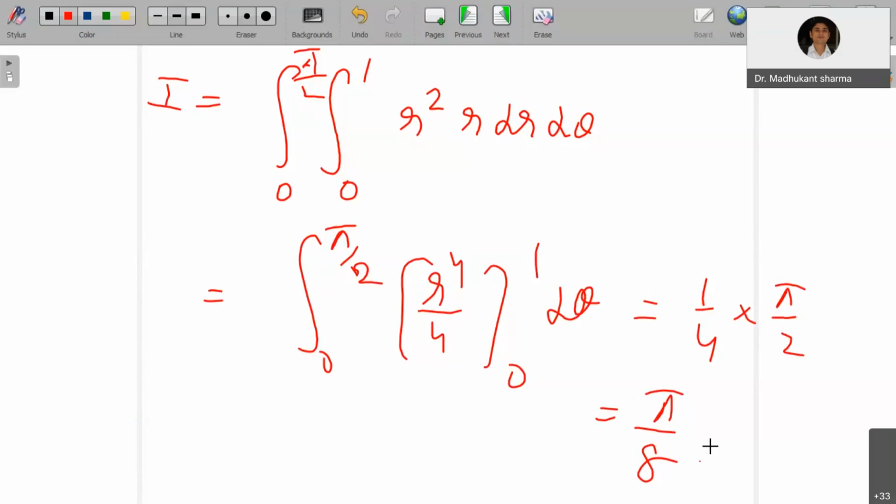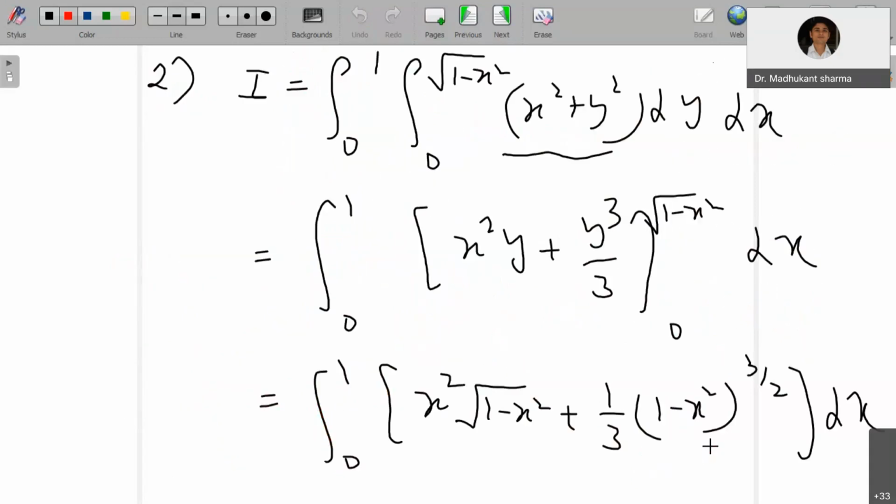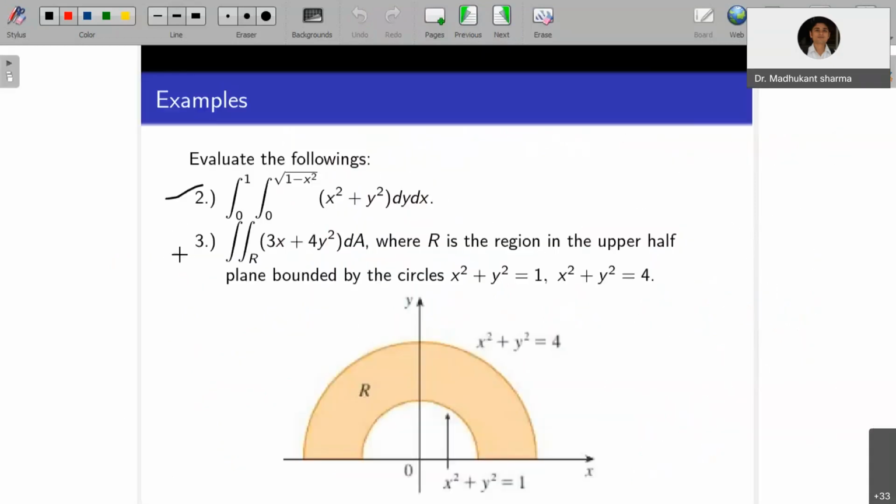Now, similarly, I will give you an idea of the third problem. The third problem says you have to integrate the double integral over R, where R is the region in the upper half plane bounded by the following circles. If you insist on solving in the Cartesian coordinate system, the limits of R in x and y are as follows.